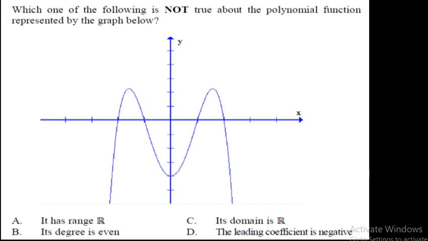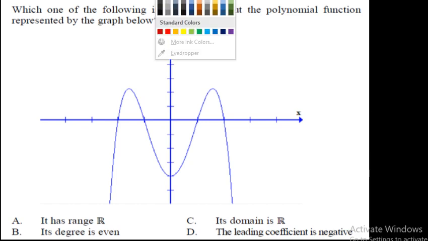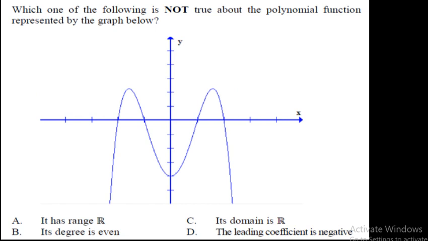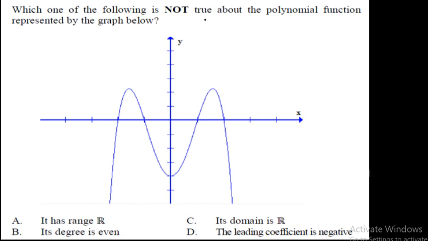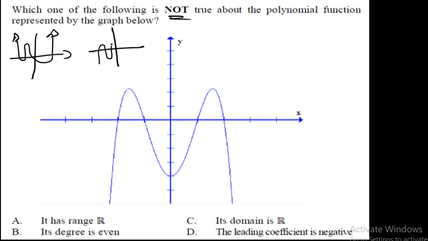The last one for this video, what does it say? Which one of the following is not true about a polynomial function represented by the graph? Polynomial function graphs can generally be both sides up, with any zigzag, or both sides down with zigzag.